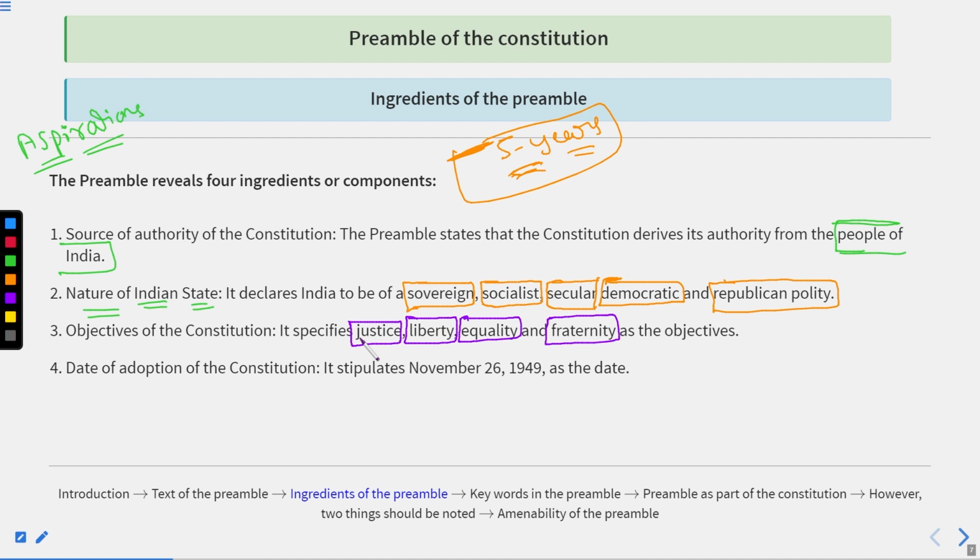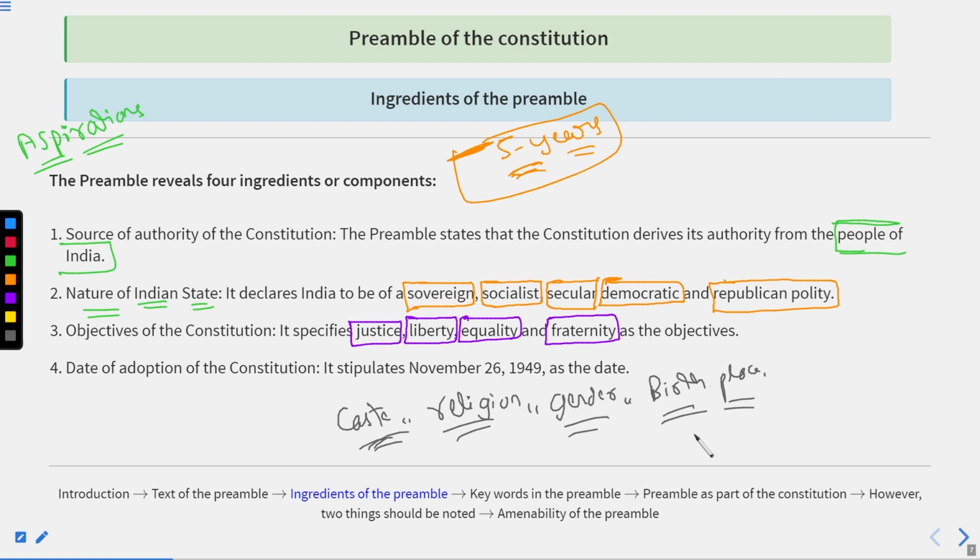No one is going to be declared unequal on the basis of caste, religion, sex or gender, birthplace. All right. No one is going to be judged and declared unequal on the basis of this. Caste, religion, gender, birthplace. Okay.